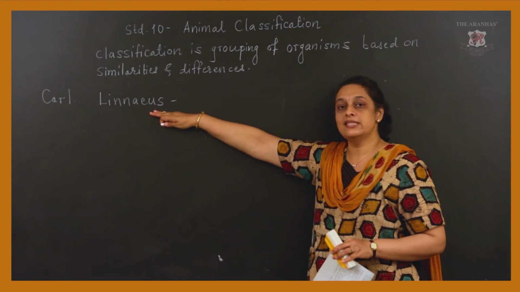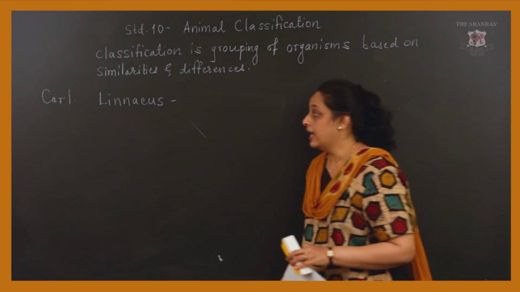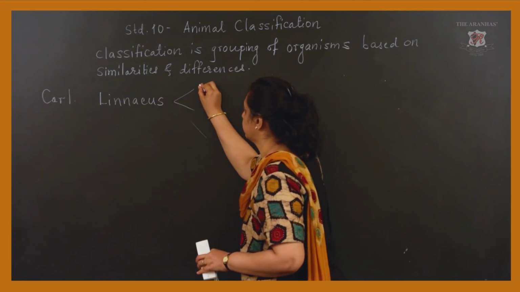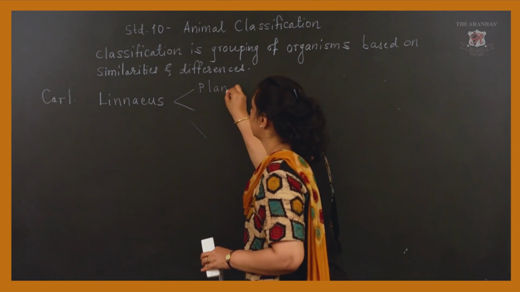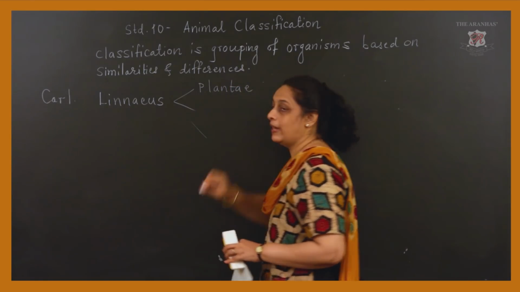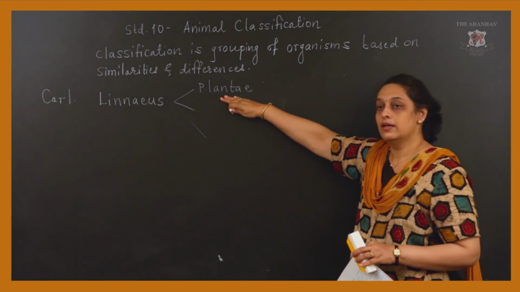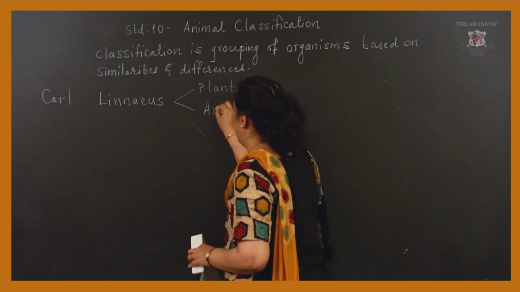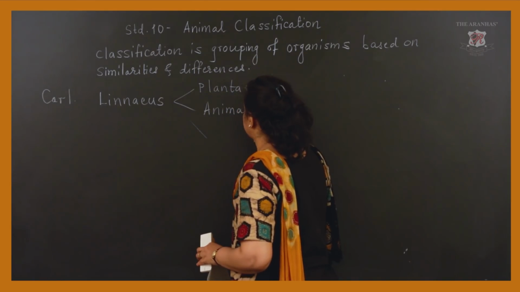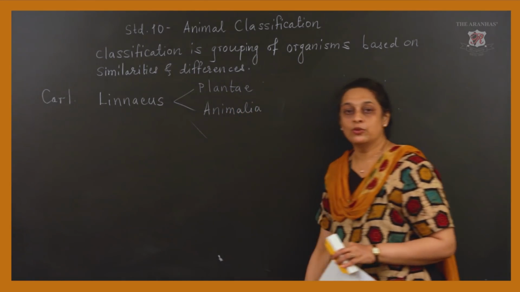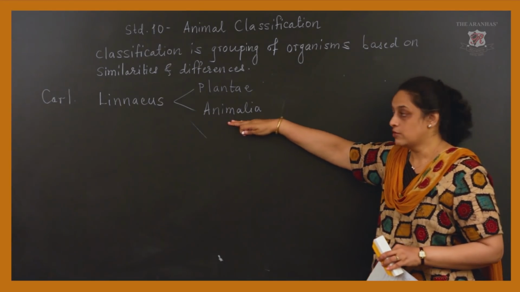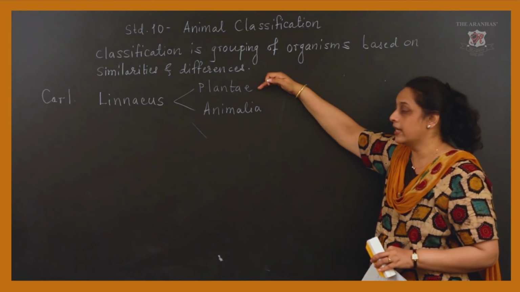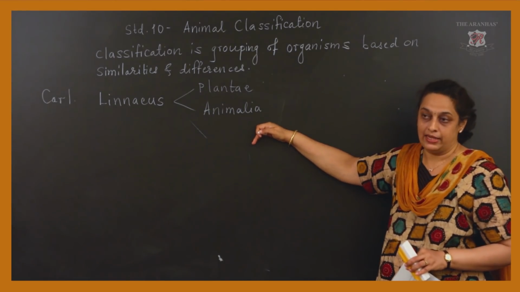So it is the Linnaeus system of classification, and this system has two groups. First group is Plantae, where all plants are included, and second group is Animalia, which includes all animals. So Linnaeus has classified organisms into kingdom Plantae and Animalia.